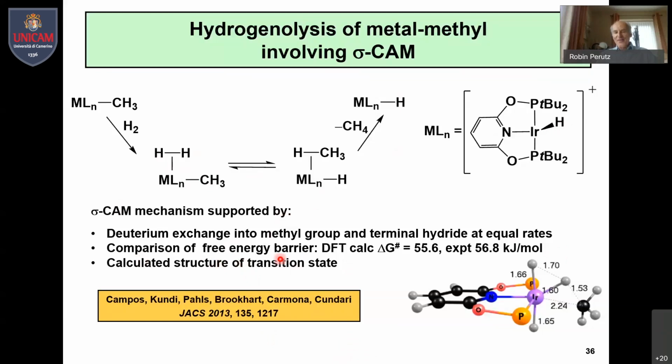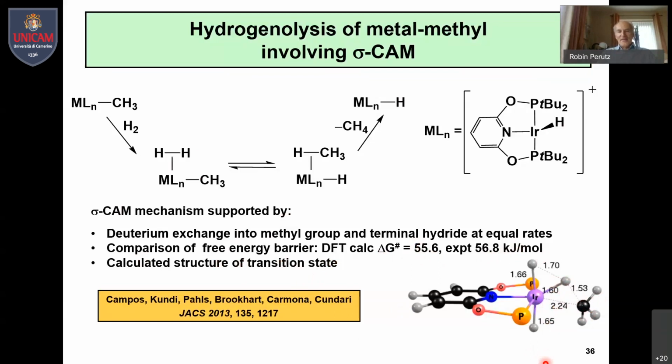Then you compare the free energy barrier from experiment and theory. They're the same within 1 kilojoule per mole. That's astonishingly good modeling. And the structure of the transition state, indeed, here it is, corresponds to what you'd expect with that methyl group and the hydrogens and the interaction.